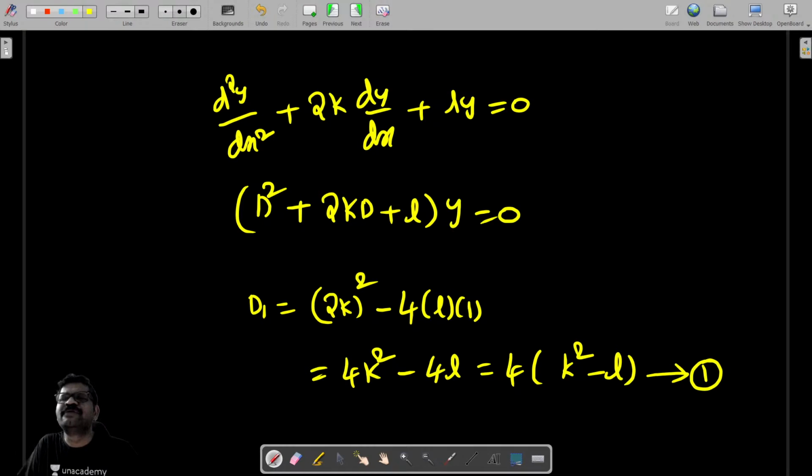Next, from this you can write minus b plus or minus square root of b square minus 4ac by 2a. Based on that, I am going to find out the roots.